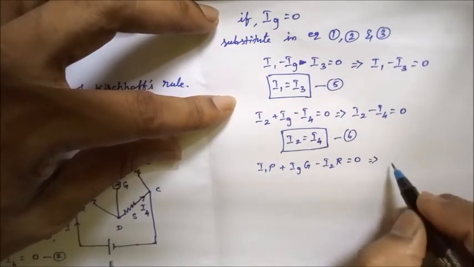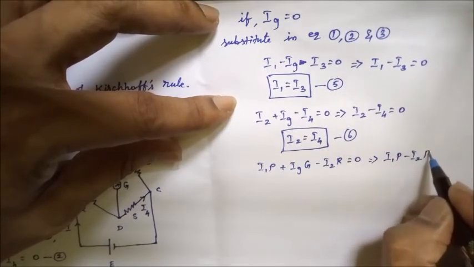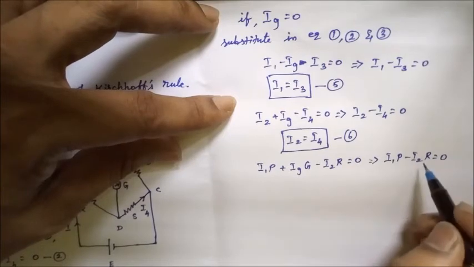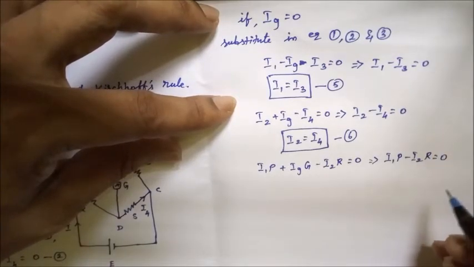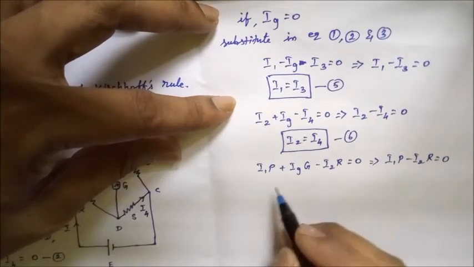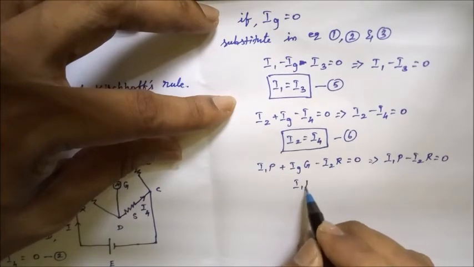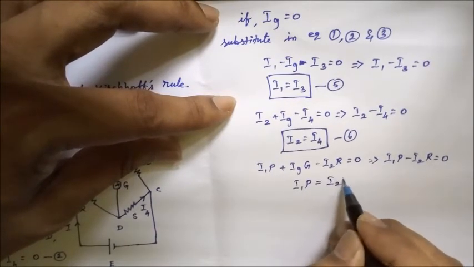So what remains is I1P minus I2R equal to 0. Now I2R we can bring to the other side. Therefore I1P is equal to I2R.